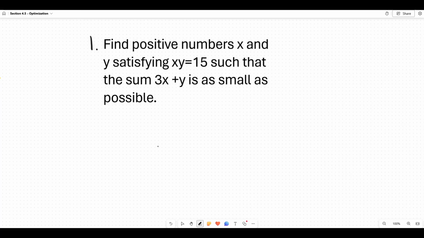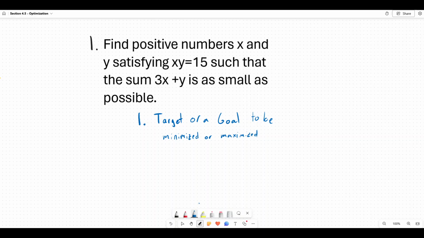So we're going to break this down into its pieces, okay? And these are some common pieces that I'm going to suggest that you go looking for in each of these. So number one, you have a target or a goal to be minimized or maximized. Now, a couple things that I want to mention. Something that we almost always want to minimize in application: we like to minimize costs, right?